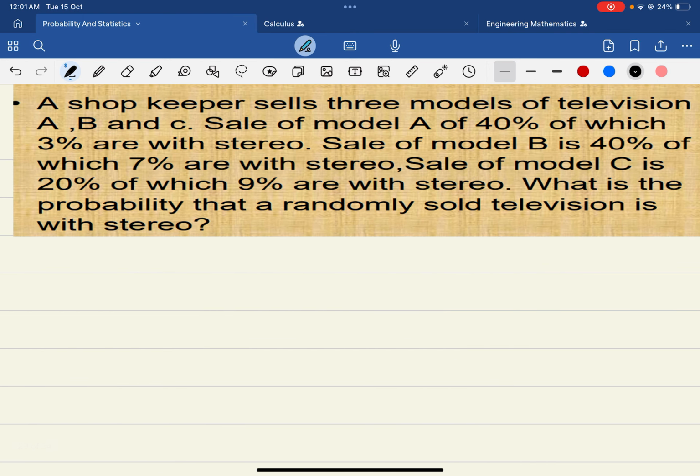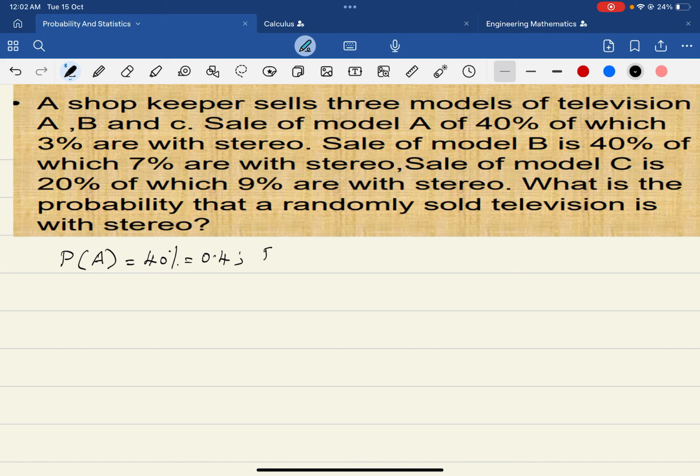Let us now come to this problem. A shopkeeper sells 3 models of televisions A, B and C. Sale of model A is 40%, of which 3% are with stereo. So now the probabilities of models A, B, C are given. Probability of model A is 40%, which you can say is 0.4.